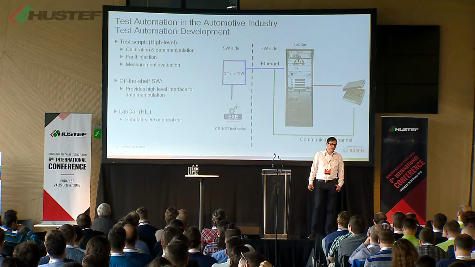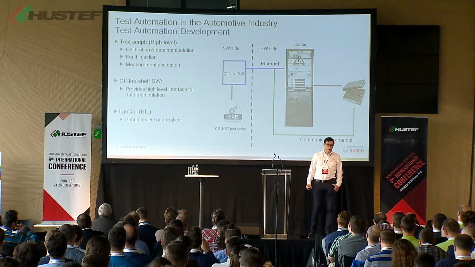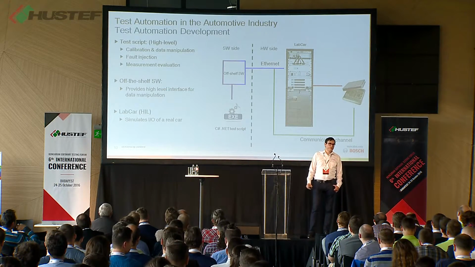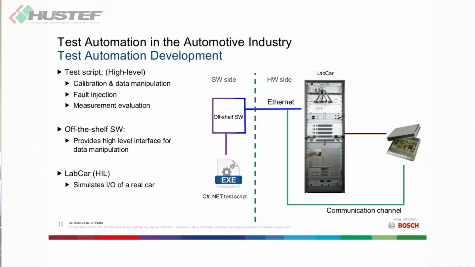We have the TCU, of course, lab car, off-the-shelf software, and our own test automation executable. On the TCU, the transmission control unit, we have the software running, and then what is the part of the lab car? Lab car is hardware in the loop, so that the TCU can think that it's inside a real car.